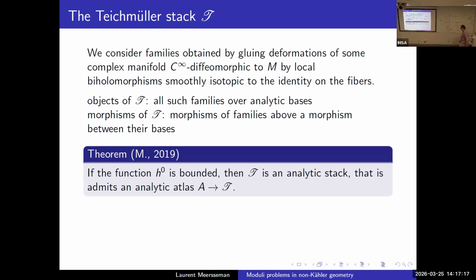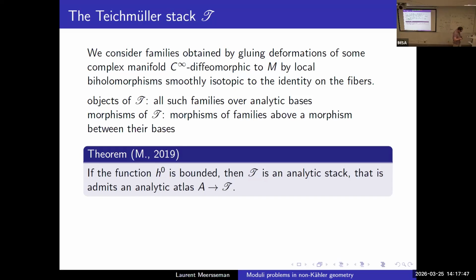If you can prove that, at least if the function H0 is bounded, it is in fact an analytic stack in the sense, more precisely here, that you have an atlas, an analytic atlas. So if you prefer, you have here I an analytic space, and you have a smooth and surjective map to your stack.